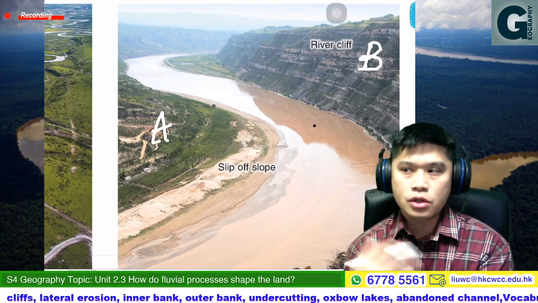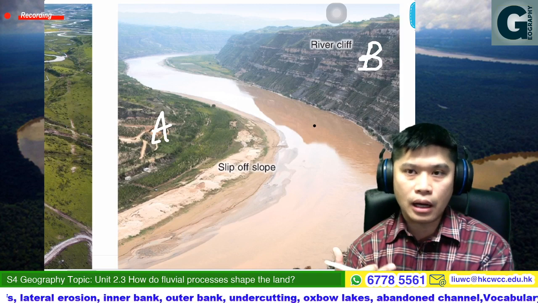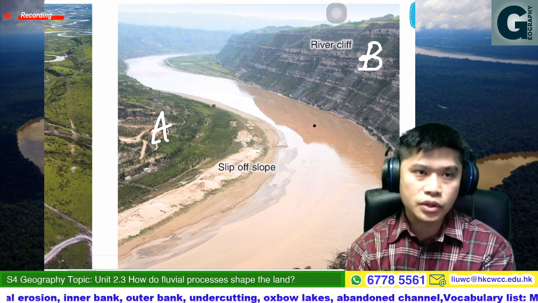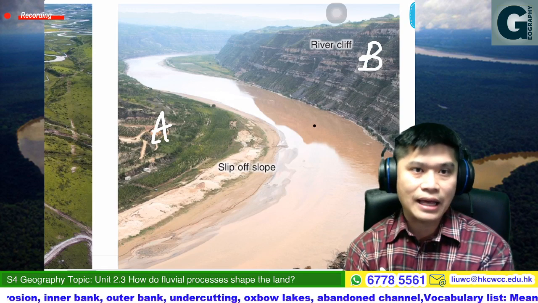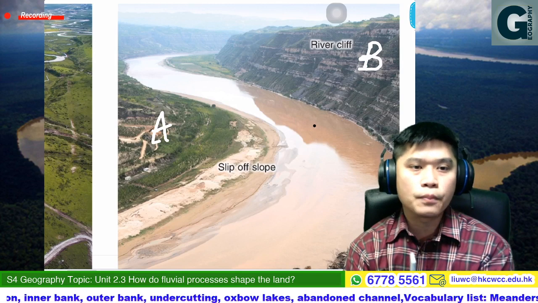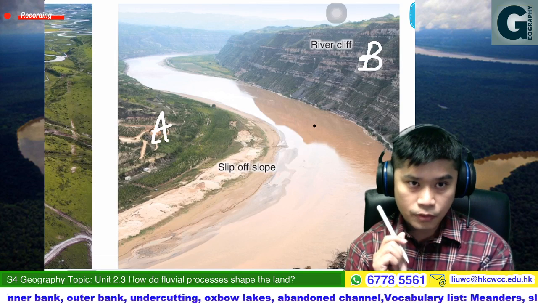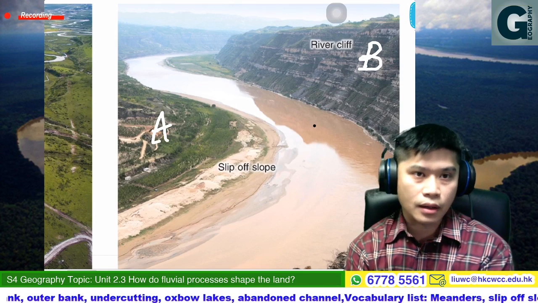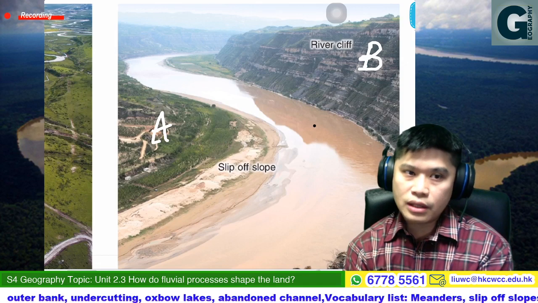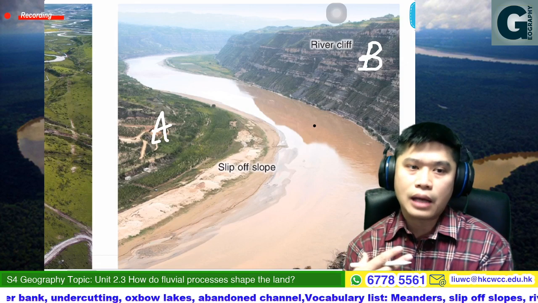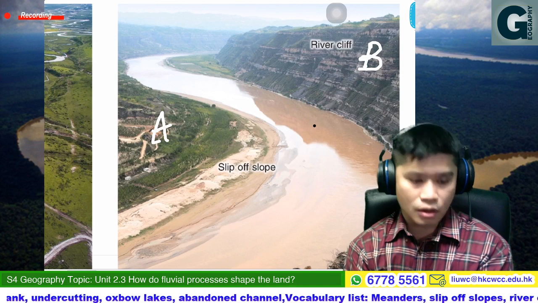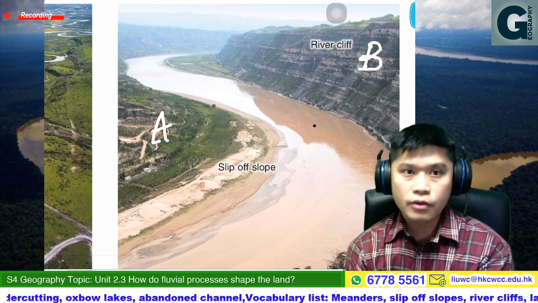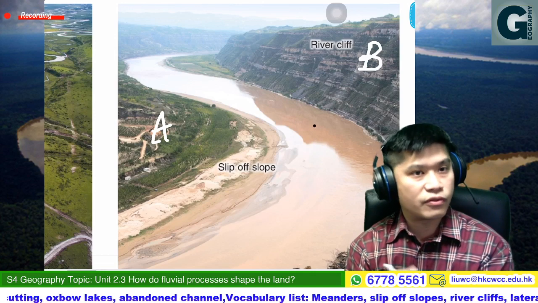Because the sediment, like the nutrients or the alluvium, would be deposited on side A. Therefore, it would be good for farming. So we can apply our geography knowledge to assess which side would be good for settlement and which would be good for farming.